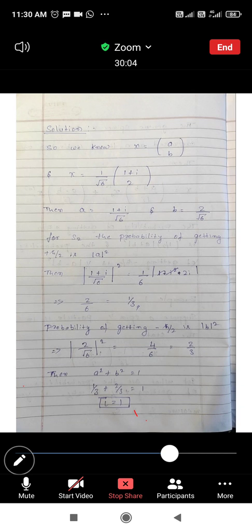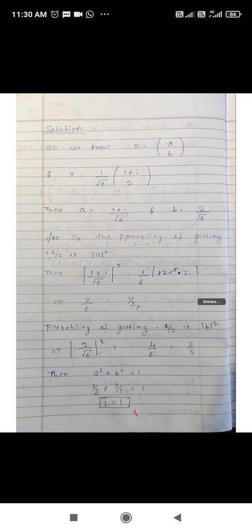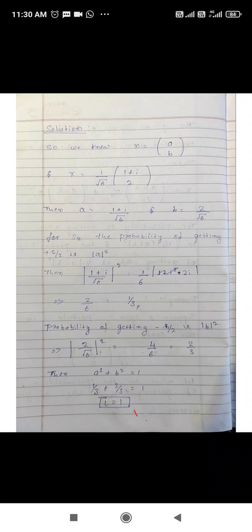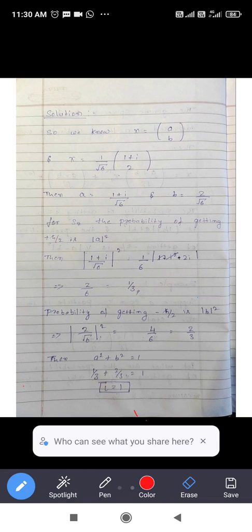So we know chi is equal to the column matrix (a, b). You already know about this chi function. Chi is a linear combination of spin up and spin down particles: a into chi plus plus b into chi minus.